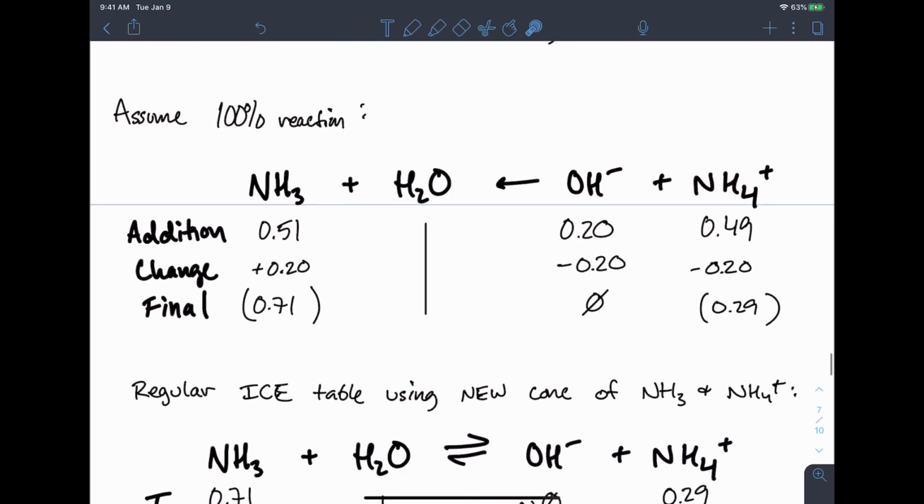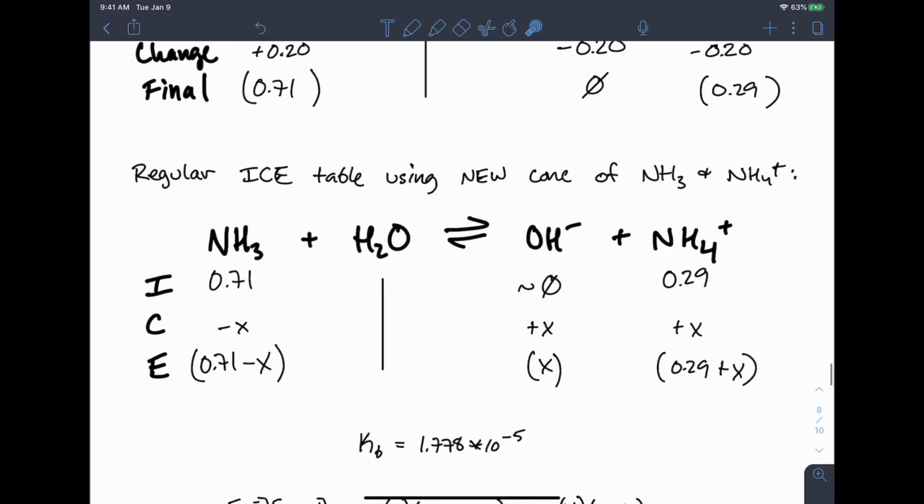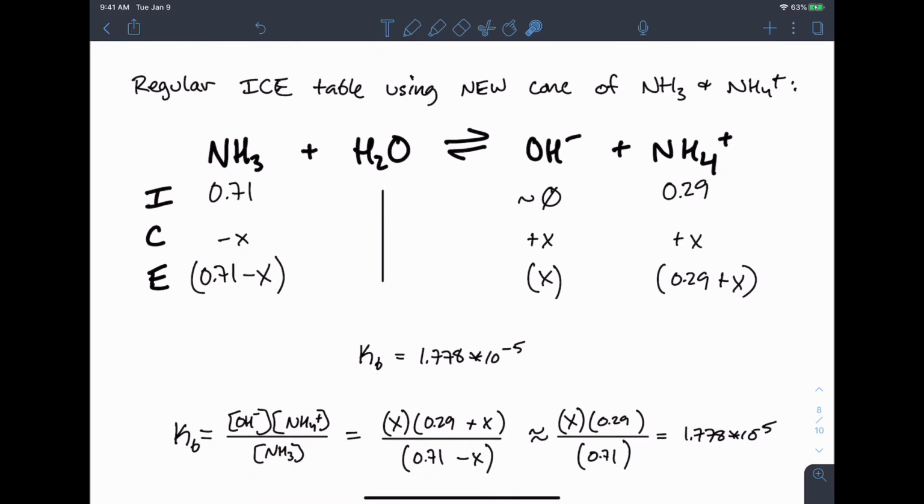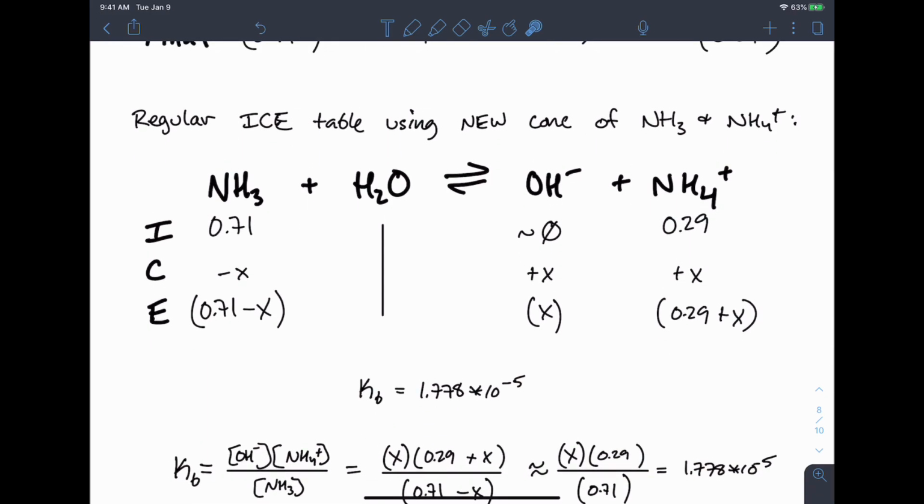And now what we're going to do is use those new values as our initial values in the regular ice table. So after the complete reaction with that strong base, we have an initial concentration of ammonia of, again, 0.71. We're going to assume that hydroxide ion concentration is about 0, and then for ammonium, we have a new initial concentration of 0.29.